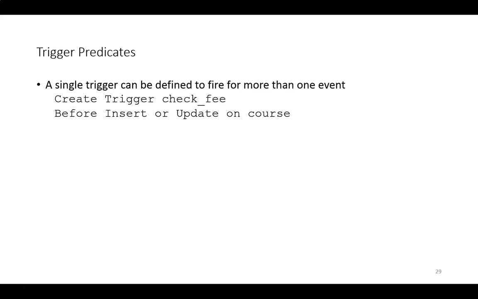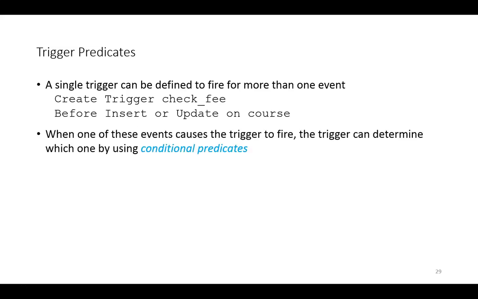Either one of these two events will cause this trigger to fire. Within the trigger, how do we know whether it was an insert or an update operation? Oracle conveniently provides conditional predicates that can be used to determine which event actually caused the trigger to fire.